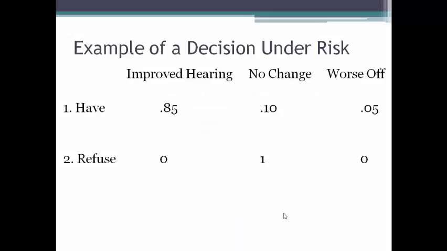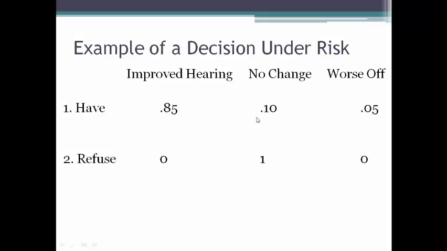More specifically, your doctor thinks if you have the operation, there's an 85% chance that your hearing will drastically improve in that ear. And because, as we learned in the last lecture, when we're doing probability theory, percentages are represented between 0 and 1, this 85% chance gets represented as 0.85.